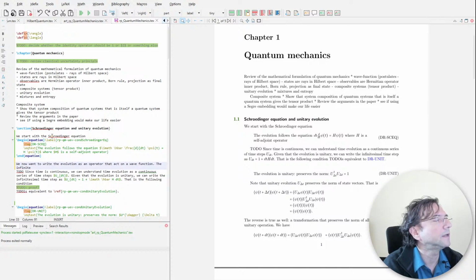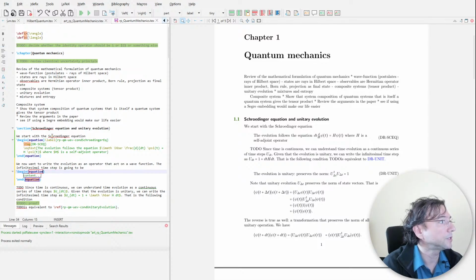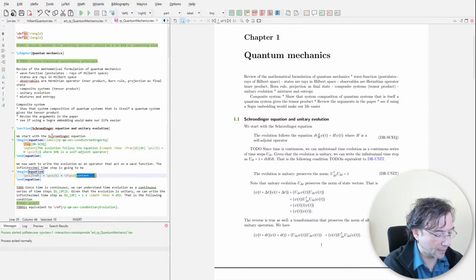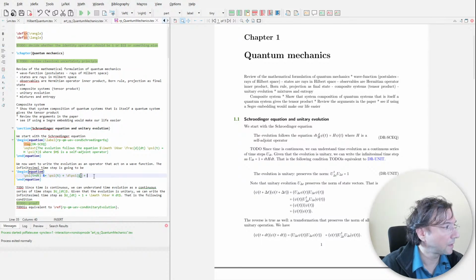The infinitesimal time step is going to be, and then here we begin the equation, and we want to say that psi of t plus dt equals psi of t plus d psi of t, and we put an end here, and then we say that this is psi plus dt.